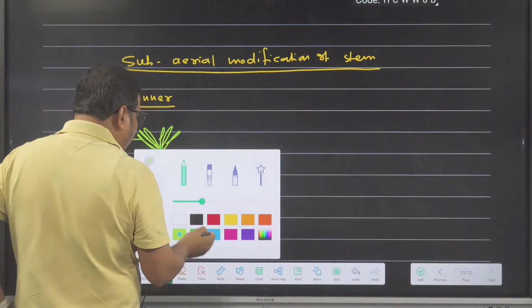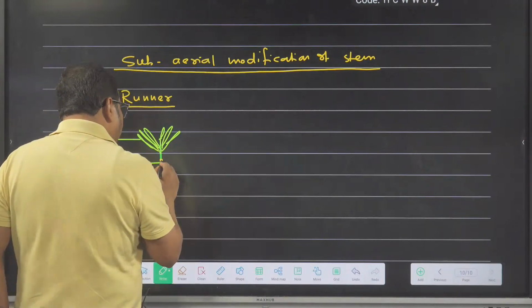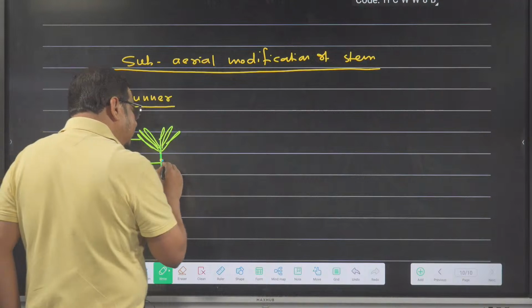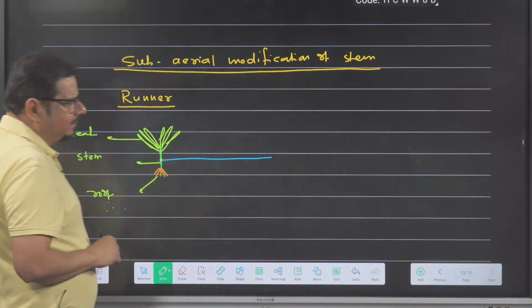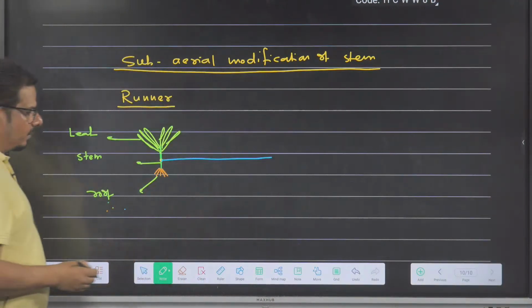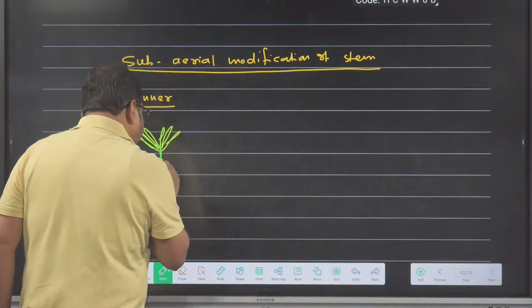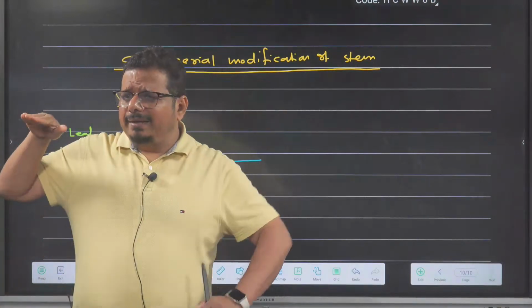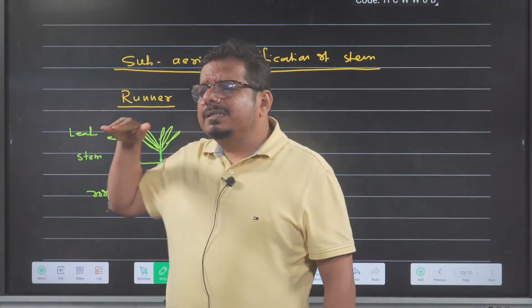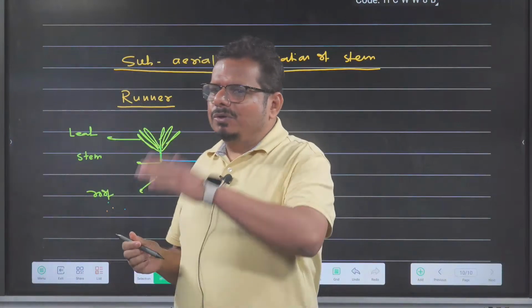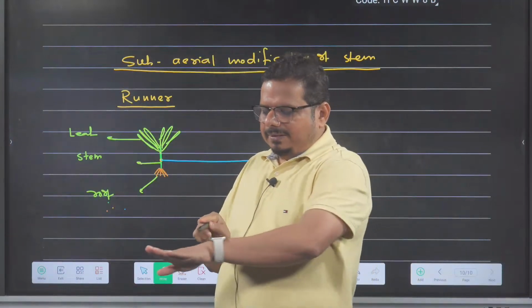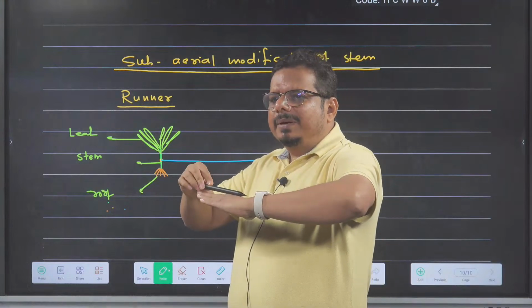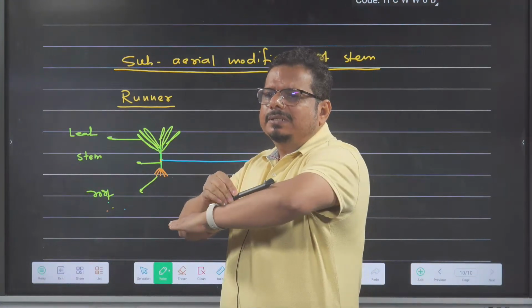Now what happened? From this node, a branch is arising, and this branch creeps on the surface of earth. Suppose that this is earth. It is creeping on the surface of earth.